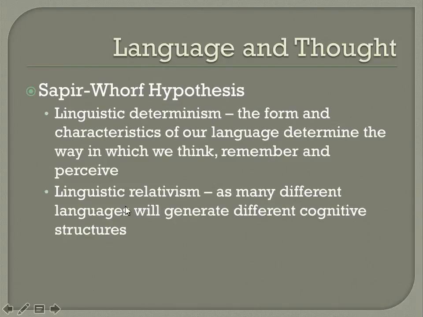So linguistic determinism is that the characteristics of language determine the way we think, remember, and perceive. Whereas linguistic relativism is that different languages create different cognitive structures, which is really what's causing those differences in the number of words or just perception.